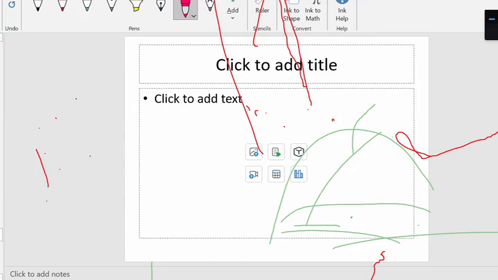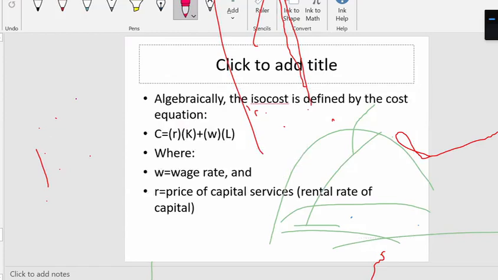Let's say my L is 0. What could be the amount of capital? In that formula, what does it say? Can you tell me?